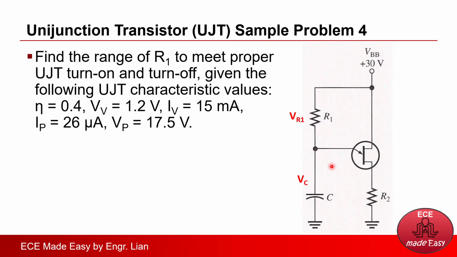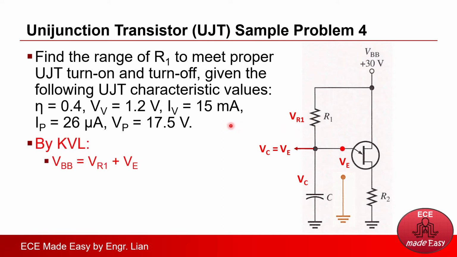But take note that we also have here an emitter part of the UJT where we could determine the voltage VE, and VE is parallel with VC. Therefore, VC is always equal to VE. So we could also write the KVL equation as VBB equal to VR1 plus VE. And this is the equivalent equation for that.